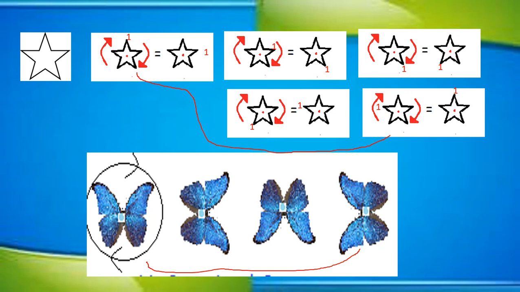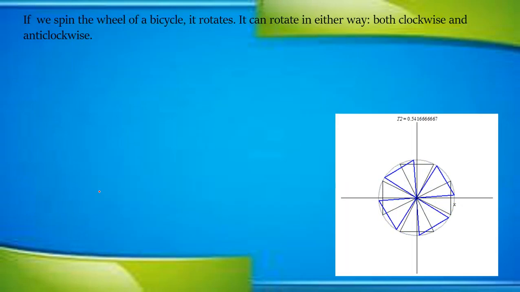No. Now when this butterfly rotates completely by one circle, then it will look exactly the same. Clear? So the angle of rotation is also important in rotational symmetry. See here, if we spin the wheel of a bicycle, it rotates like this, for example.